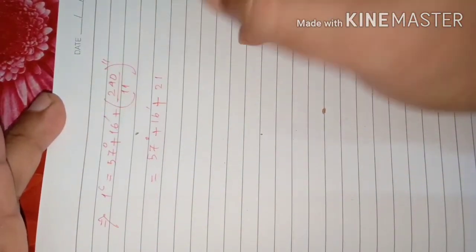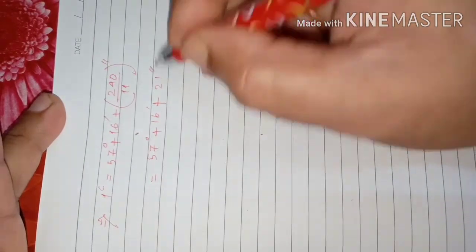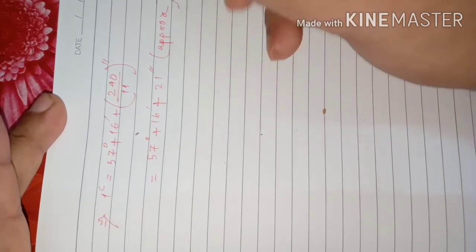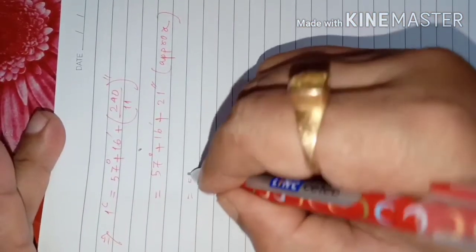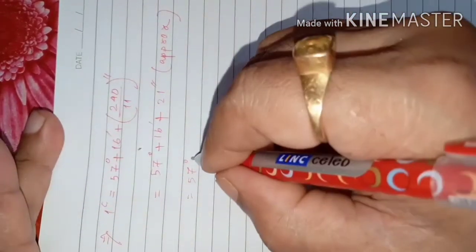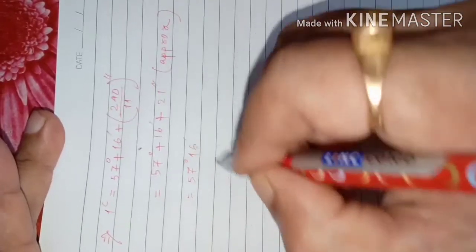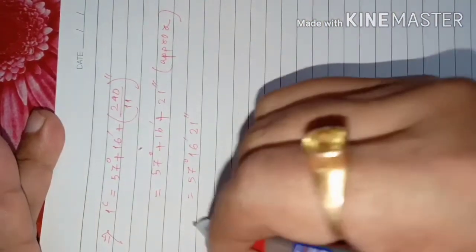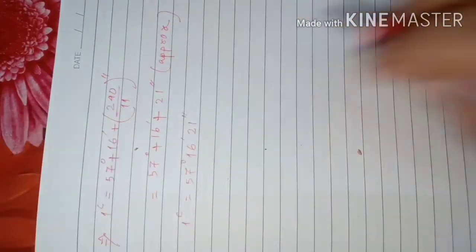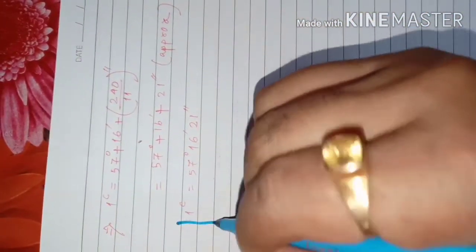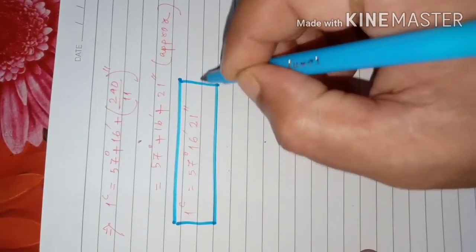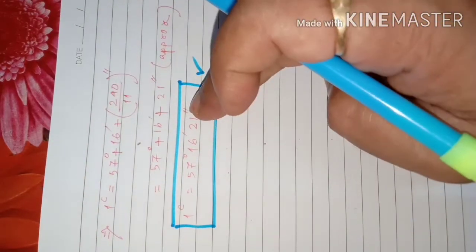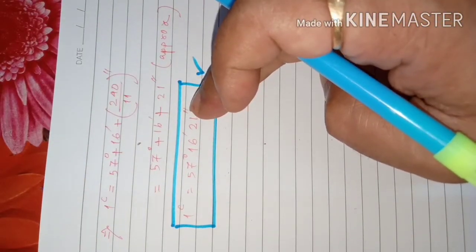After that it will be in decimals, no need. So seconds approximately. This will be written as 57 degree symbol, no need of plus sign, 16 minute symbol, and 21 second symbol. So that is 1 radian. So 1 radian is this much: 57 degree 16 minute 21 seconds approximately.